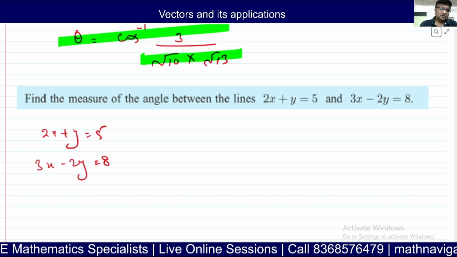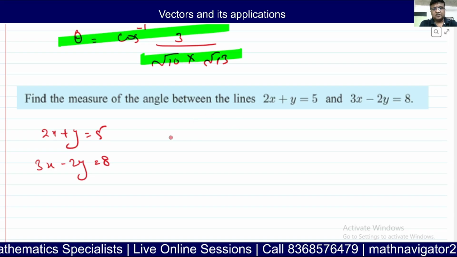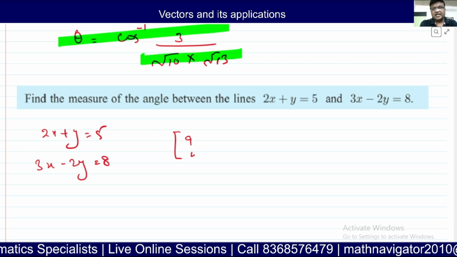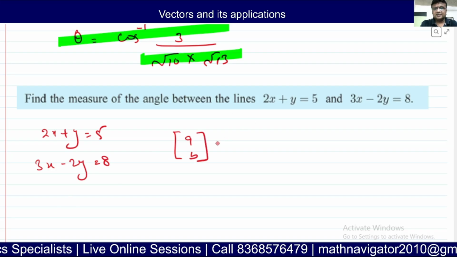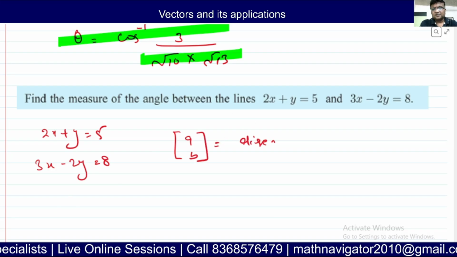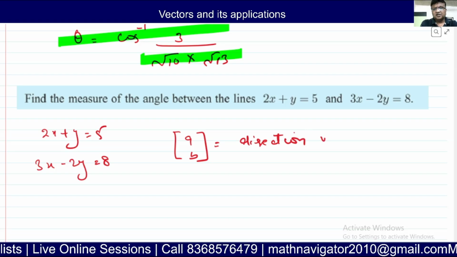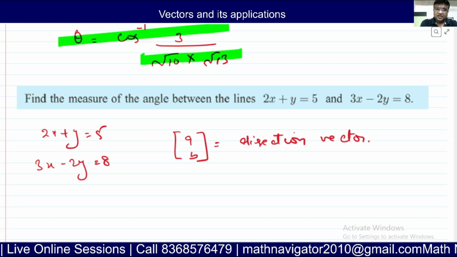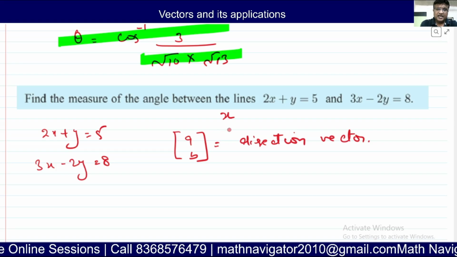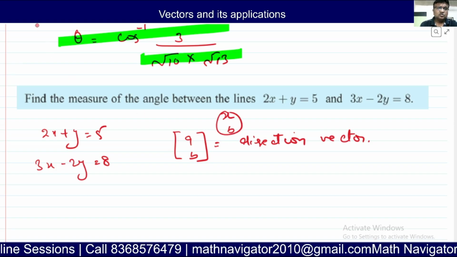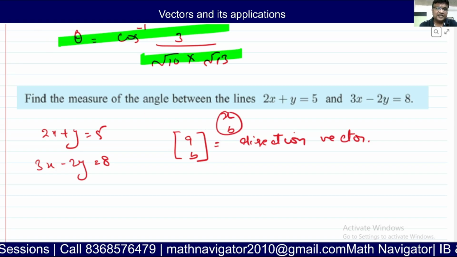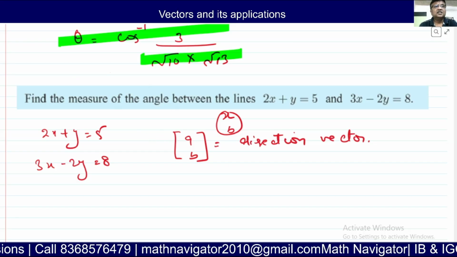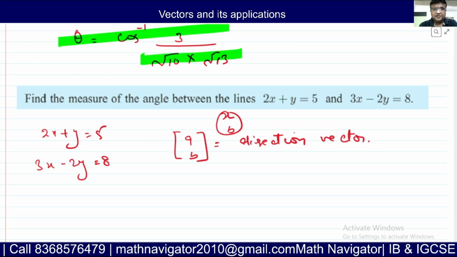We need to remember one thing, or we need to understand one thing. If (a, b) is my direction vector, right? What is a and what is b? a is the x component and b is the y component, right? So a point has the x component, which is a, and the y component, which is b.